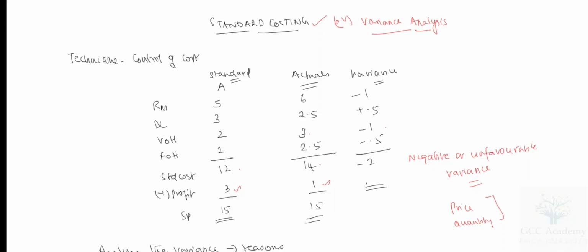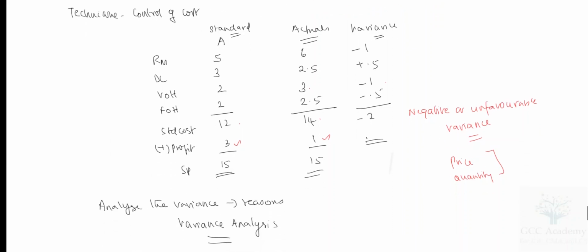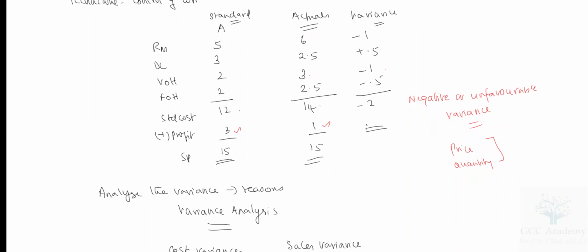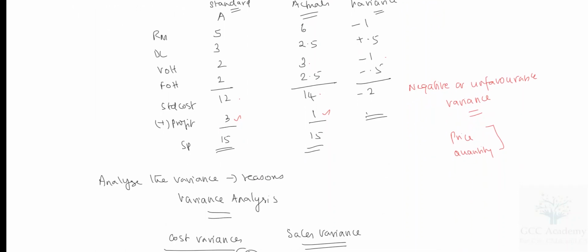So that will automatically lead me to a higher cost. So instead of using 1 kg of raw material, I have to use 1.2 kg of raw material for the same output. So the variance can arise due to prices, the variance can arise due to quantity, etc. So we have to analyze the reasons for variance thoroughly, and initiate necessary management actions.